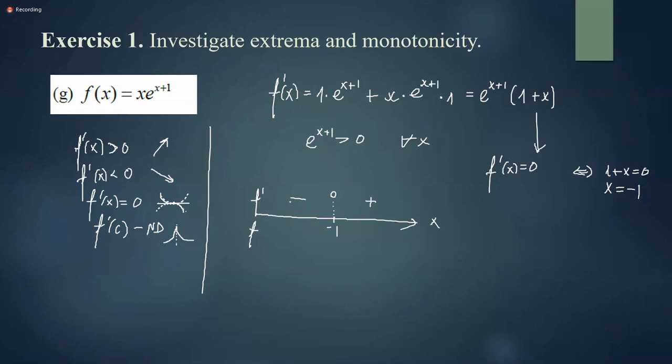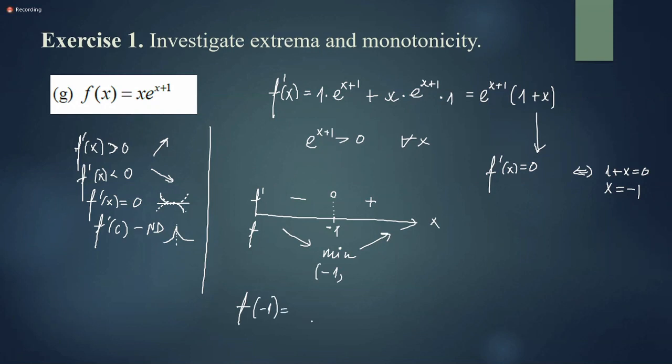We see for x values less than minus 1, the function is decreasing because the derivative is negative. And after minus 1, the function is increasing because the derivative is positive, which means at minus 1, we have the minimum point. So minimum at minus 1, and now we have to determine the function value at this point.